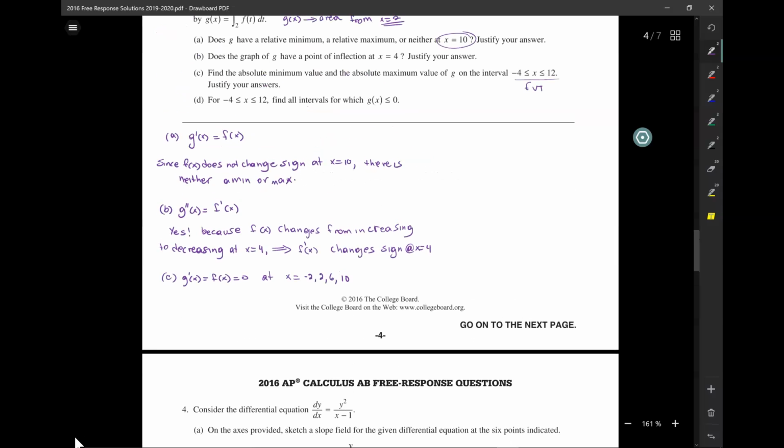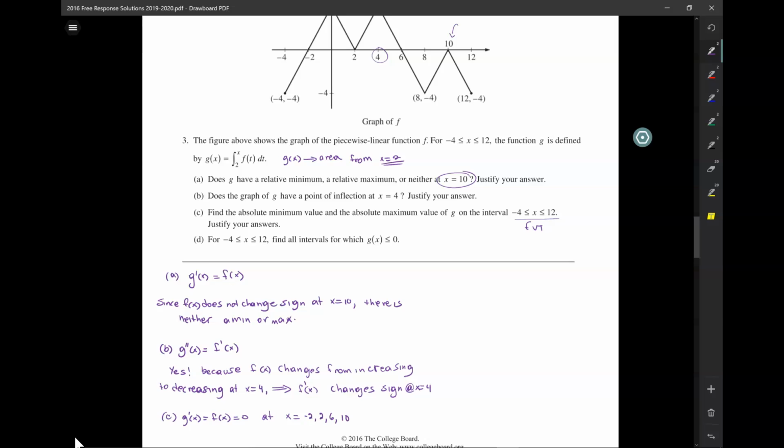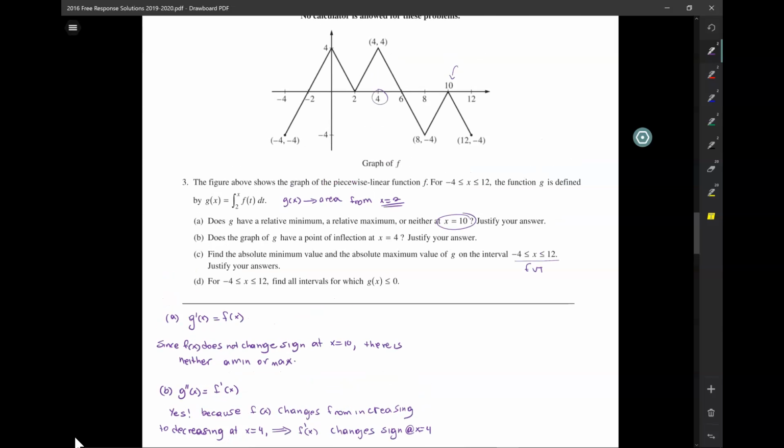But what is it that we want here? Absolute minimum or maximum. Do we need to consider 2 or 10? No. We said there was nothing happening there because there was no change in sign. It's the same here. No change in sign. Okay?